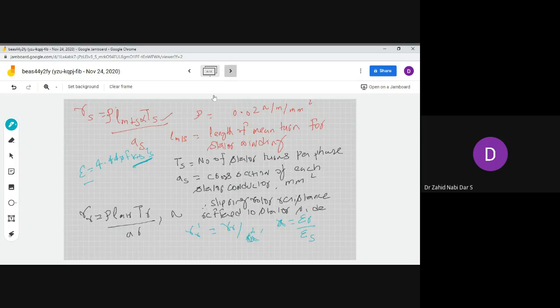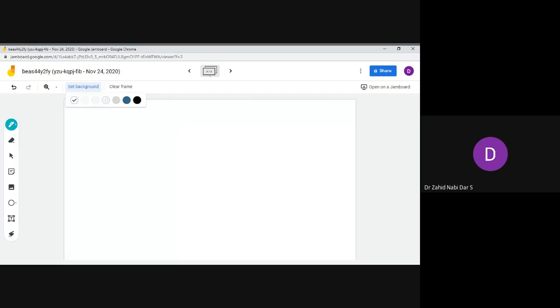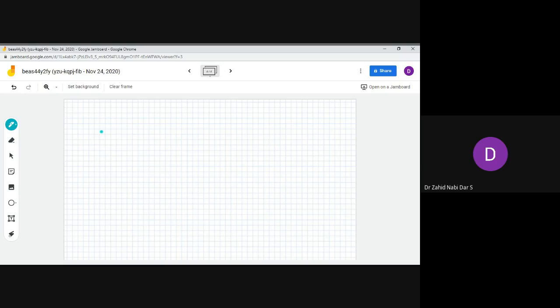Similarly ER would be directly proportional to these terms. In other words, RR dash would be equal to RR divided by x square, where x is basically the proportion of these two, TR KWR divided by TS KWS, whole square.